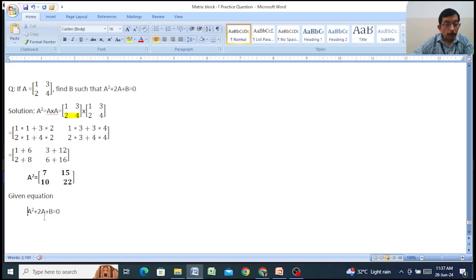Now we find the value of B. Then B is equal to minus A square minus 2A.